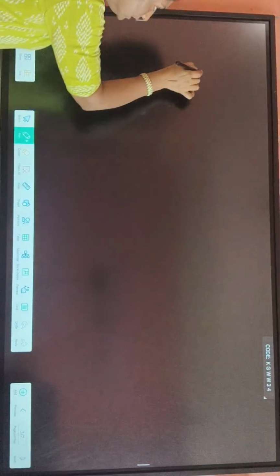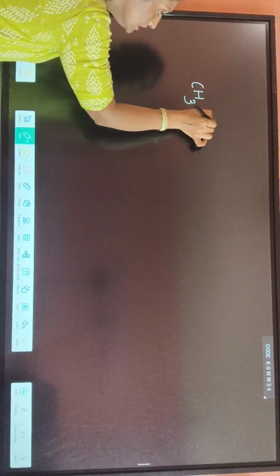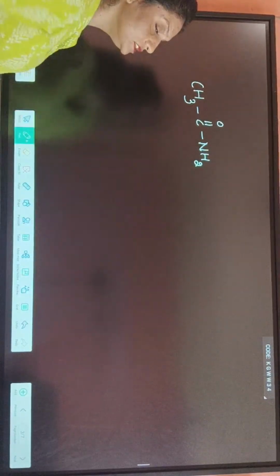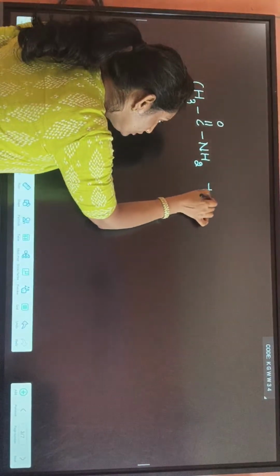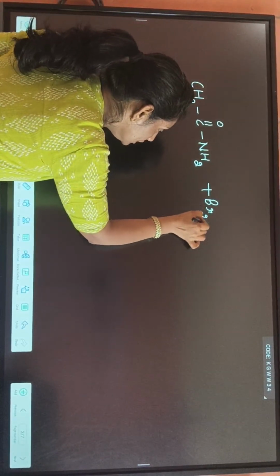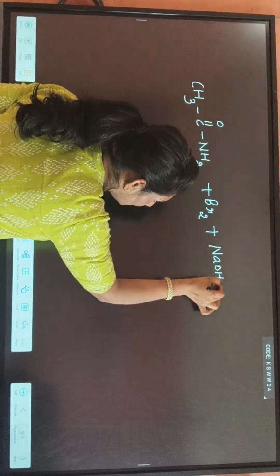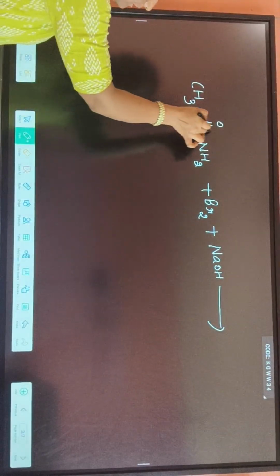Actually, what will happen if you have acetamide? Acetamide means CH3CONH2. When you react it with bromine in basic medium, then students, basically what will happen?